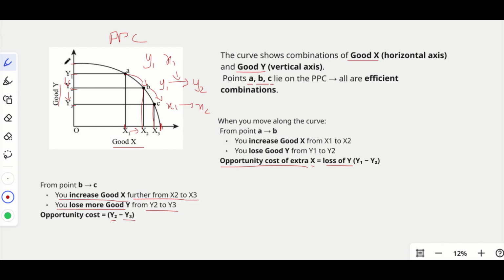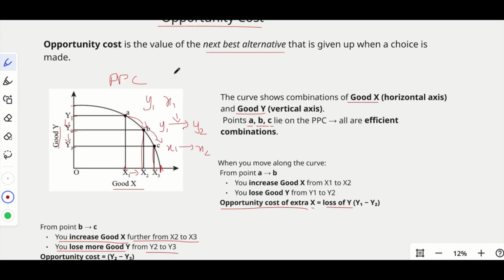The opportunity cost will always be the value of the next best alternative. It may not always be in the exact same values. Sometimes it will be experiences as well, like going for a movie or studying, eating out or eating at home, saving money or spending money. So different topics can be covered. This is the easiest explanation of opportunity cost.